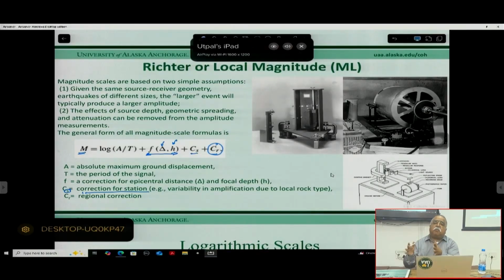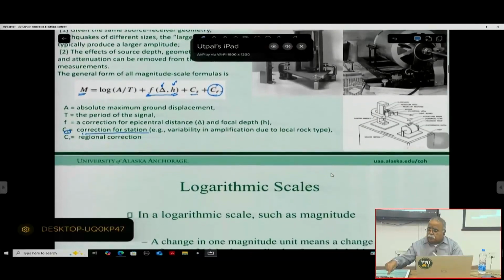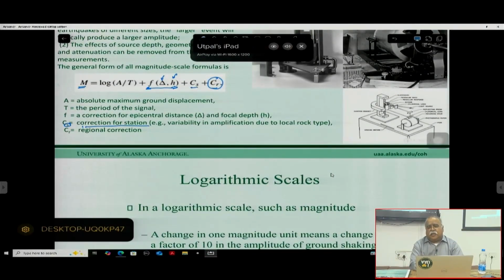But if you try to apply that relation to some other part of the country, then you have to use the CR, or the regional correction, and that is what the different earthquake agencies still use nowadays when they report the local magnitude. They always use that CR factor, which is different from California to Alaska to the Midwestern region to the eastern part. They are all different values, so we have to put it in as a correction factor, right?